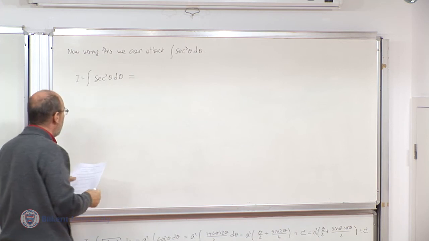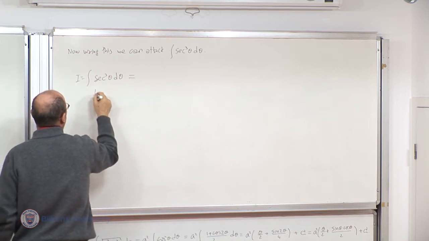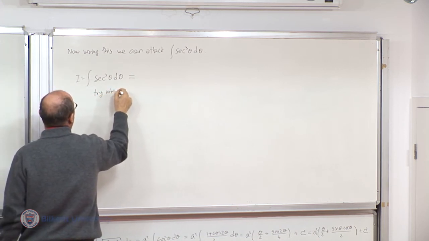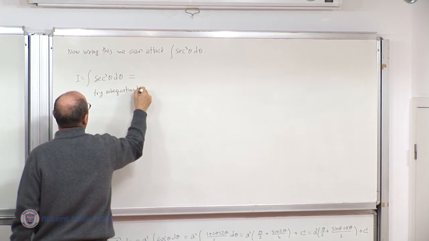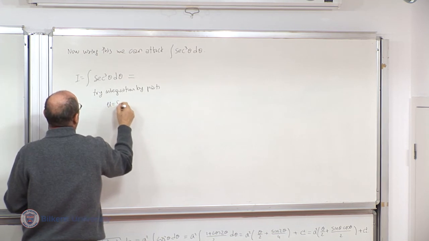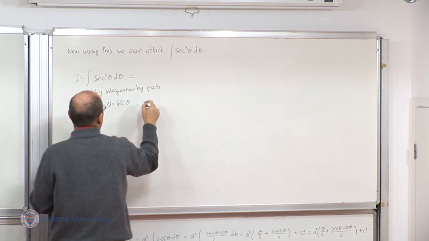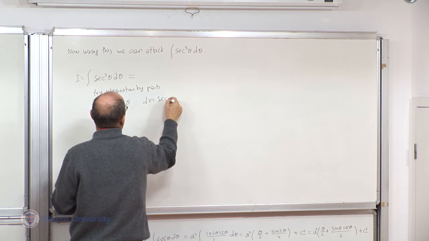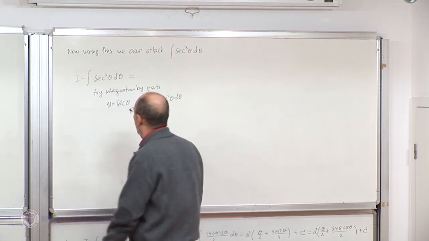Now I'll use integration by parts, with u equals secant theta and dv equals secant square theta d theta.